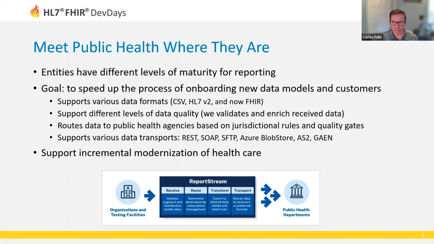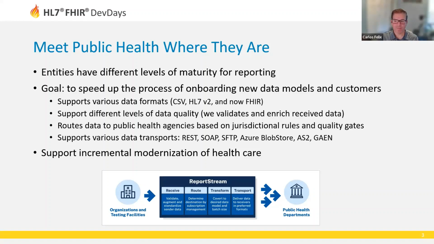But supporting this wide range of entities comes with challenges, and our major challenge here is to meet public health where they are. So what does that mean? Well, different entities have different levels of technological and knowledge maturity. For example, we can have a hospital that's reporting, and they have an EHR system, and they can do automated reporting to us, maybe even using HL7v2.